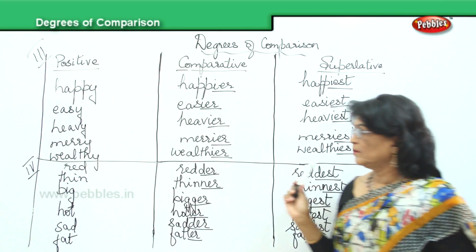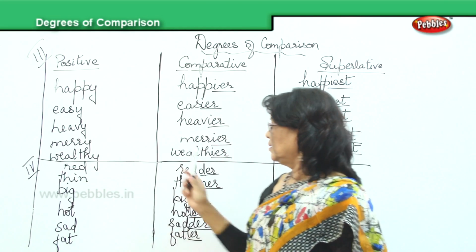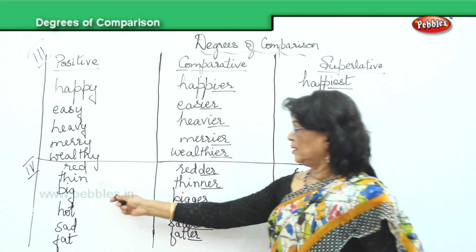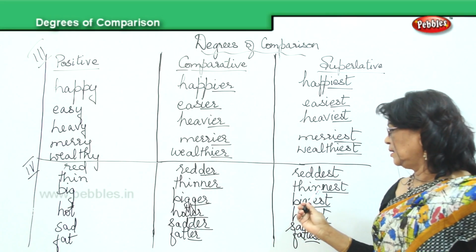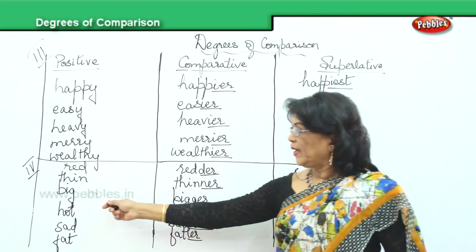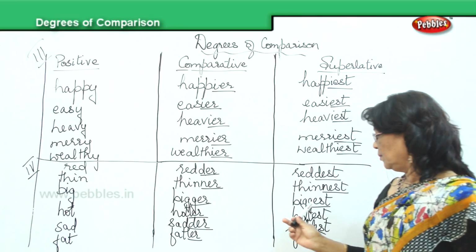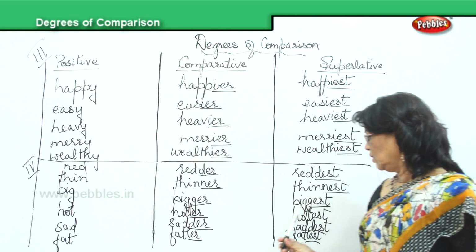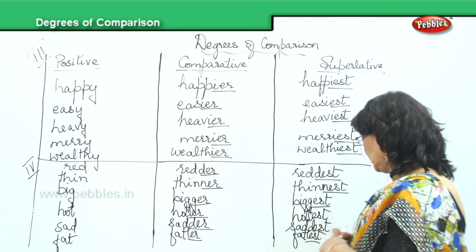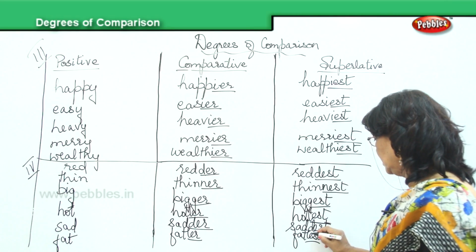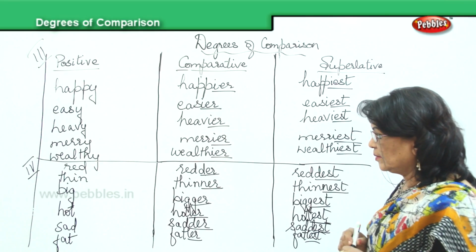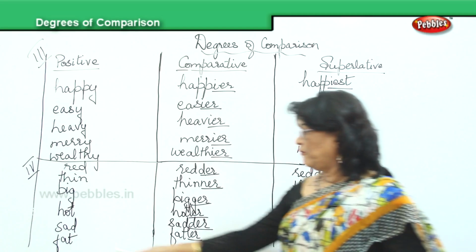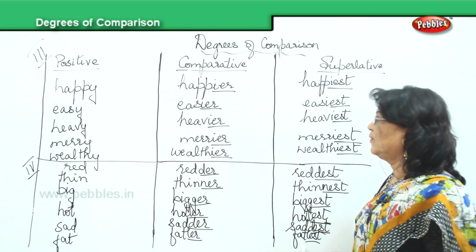Is that clear now? Red, redder, reddest. Thin, thinner, thinnest. Big, bigger, biggest. Hot, hotter, hottest. And sad, sadder, saddest. Fat, fatter, fattest.